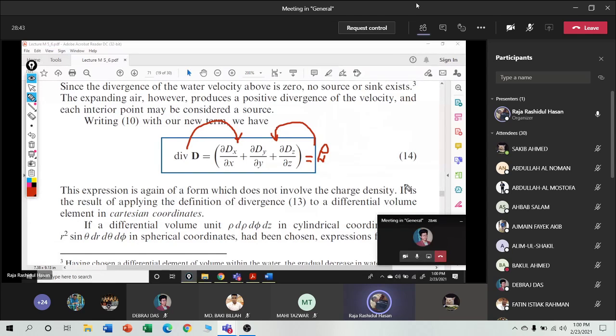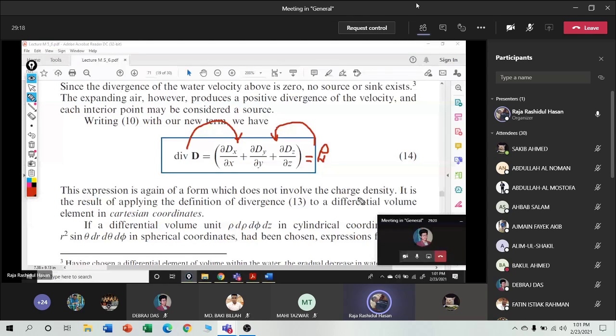So div d equal to del by del x plus del by del y plus del by del z of dx, dy, dz equal to rho v. Please write down this formula and make a box. So this is the representation of divergence of d or div d.